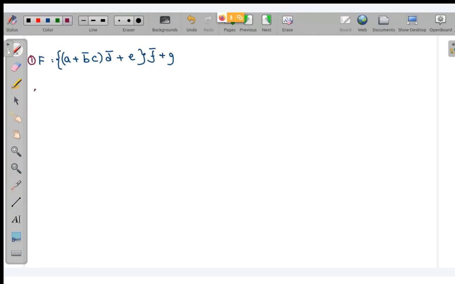What is the first step? First step is calculating the dual. So if I calculate the dual, plus will be replaced with a dot.